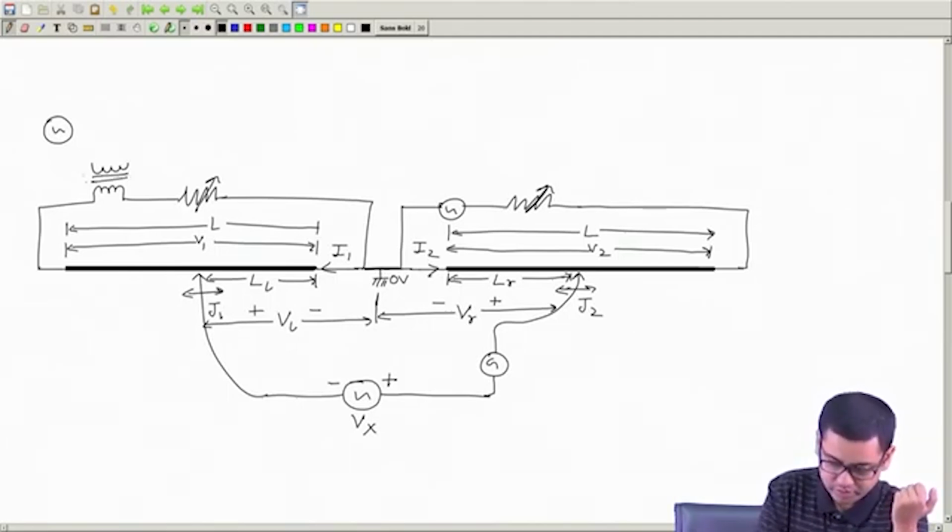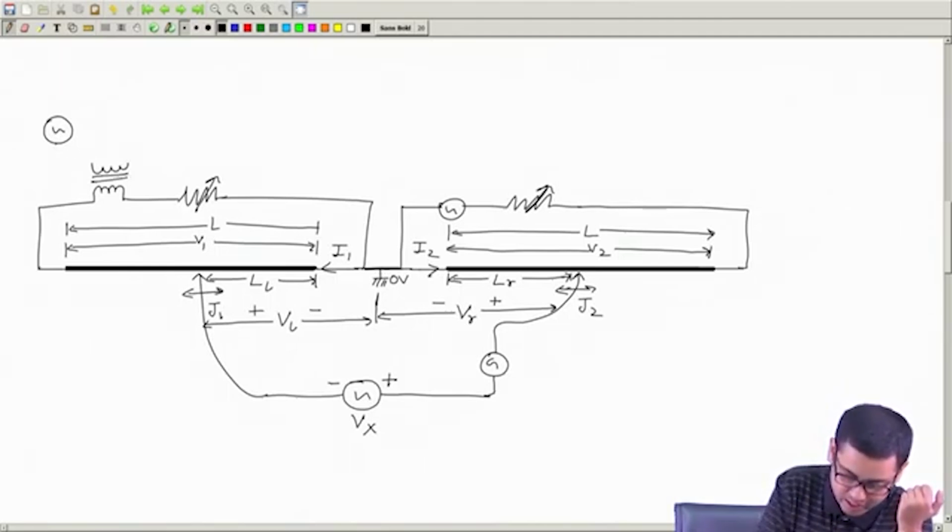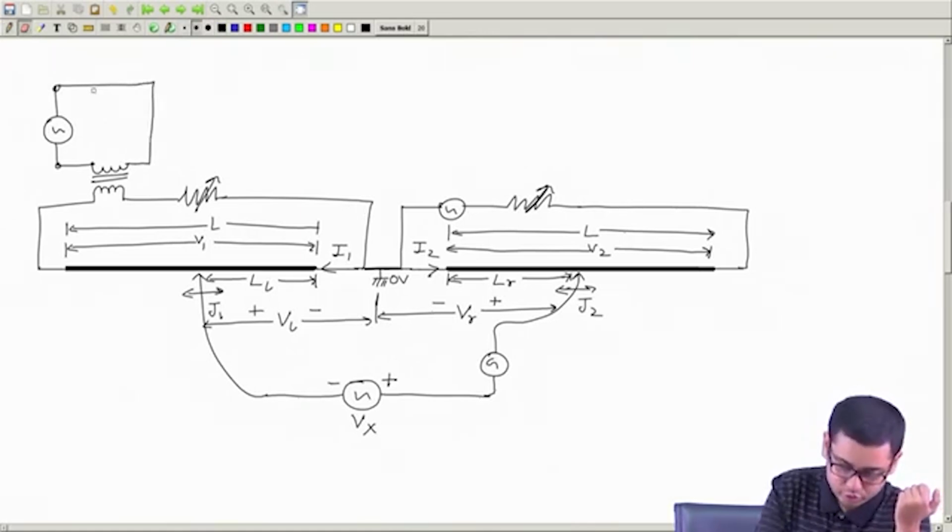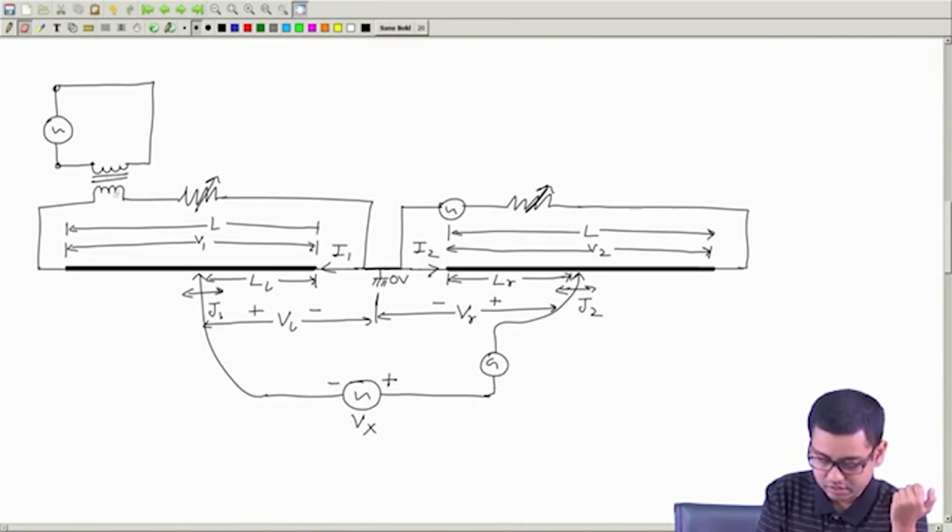So, this is a transformer and let me supply this transformer like this. If you want to control the current or the voltage of this, and finally we have to control the magnitude of this voltage.